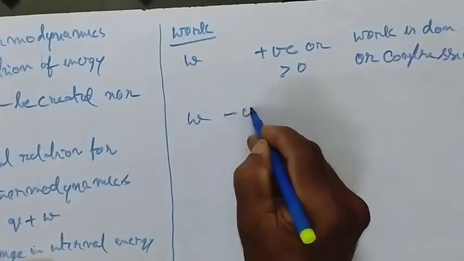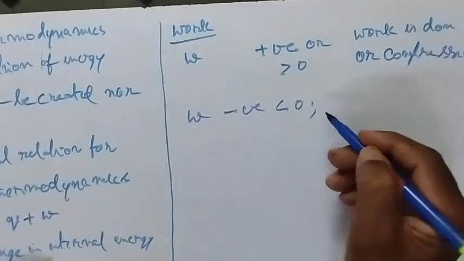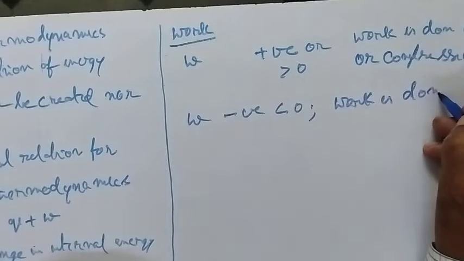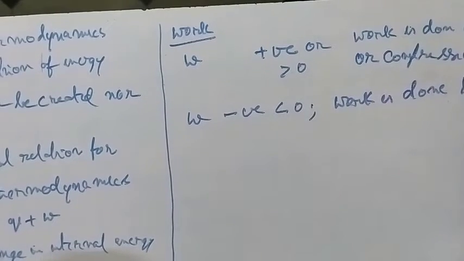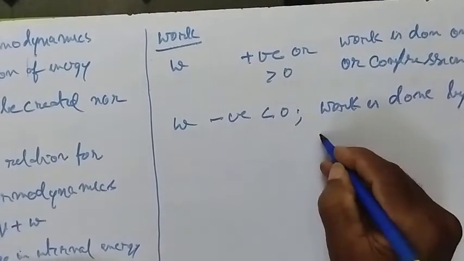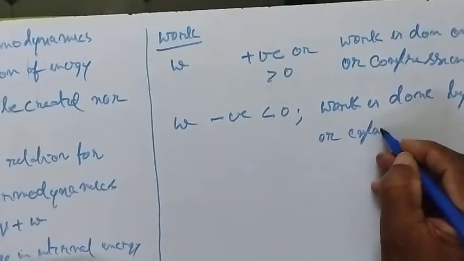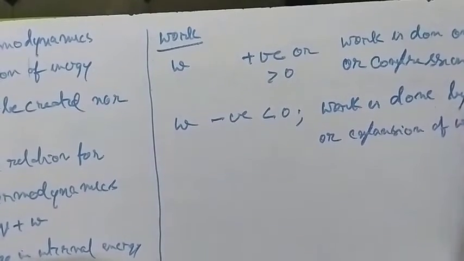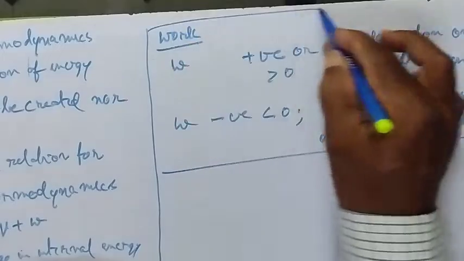If W is negative or less than 0, work is done by the system, or expansion of gas. So, you have to keep this in mind.